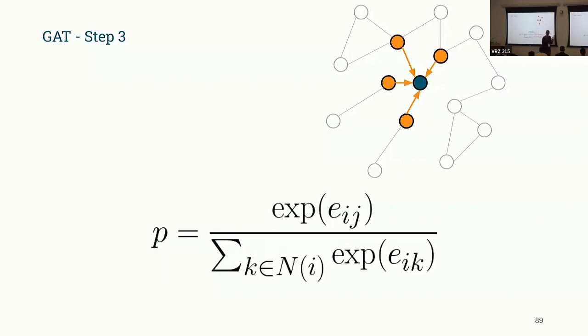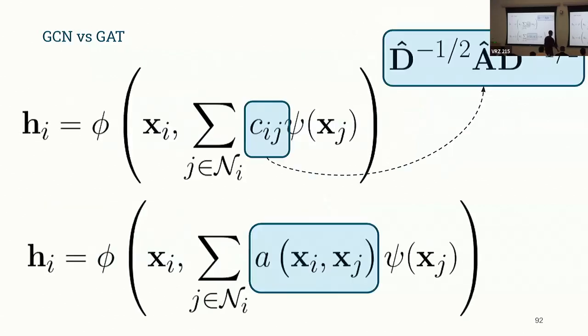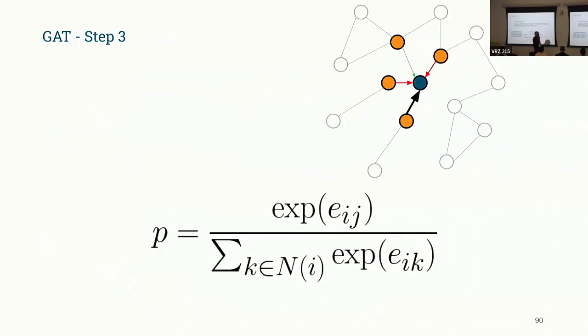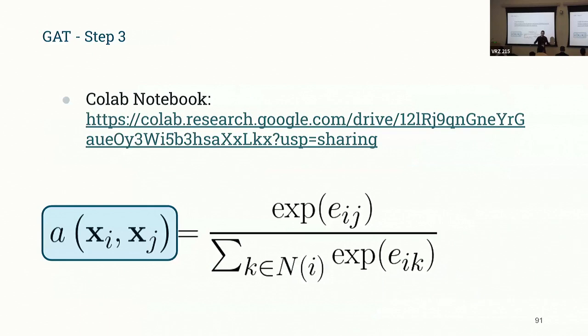So this is the key difference between graph convolutional networks and graph attention. The weight of the contribution changes over time in order to satisfy the learning process, the expected result from the learning process. Also for this, you should have the Colab somewhere here. Okay, so you have the Colab notebook and you can check how this operation works.